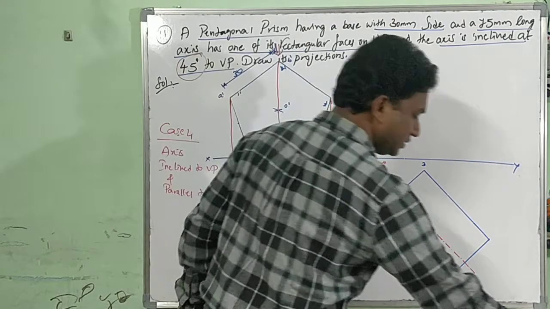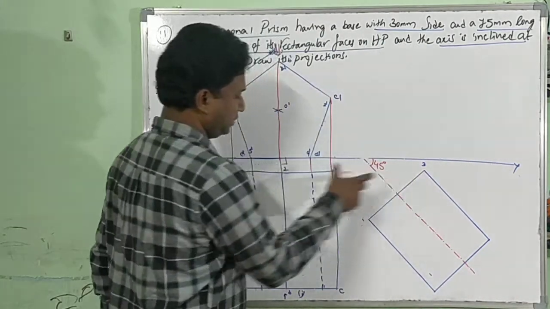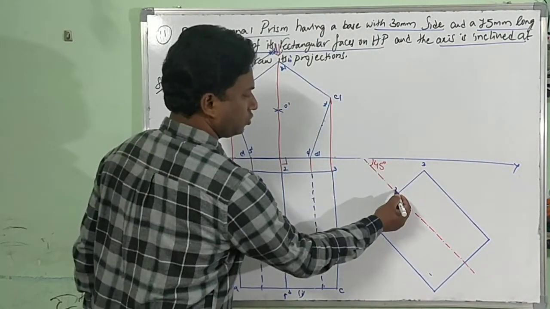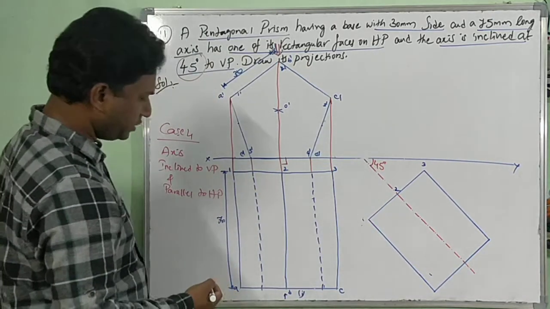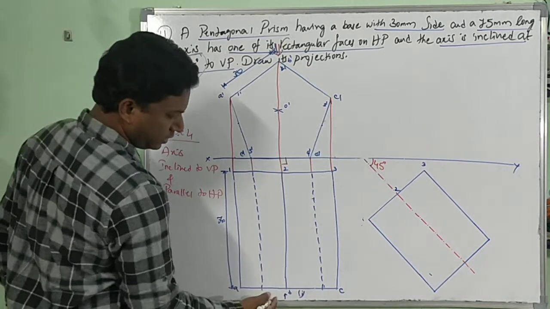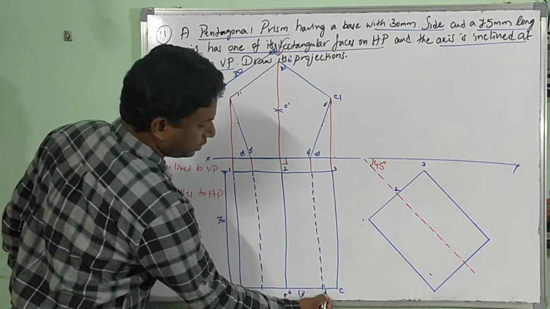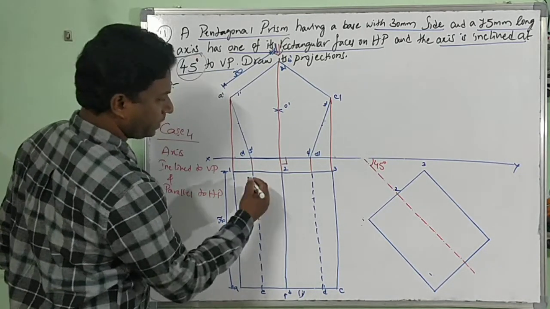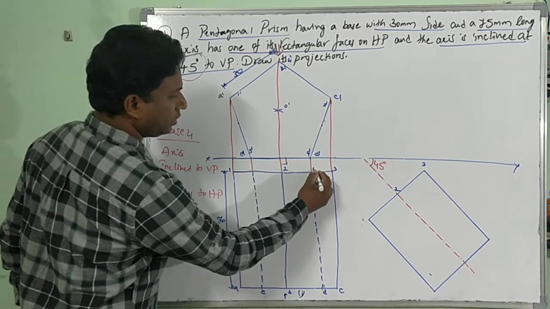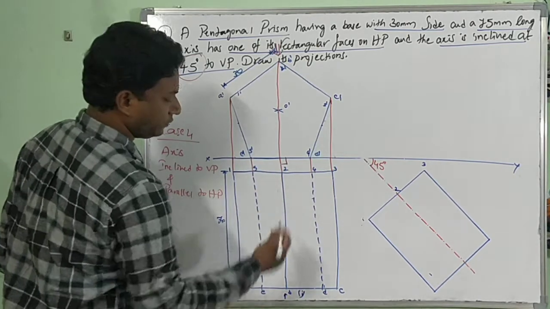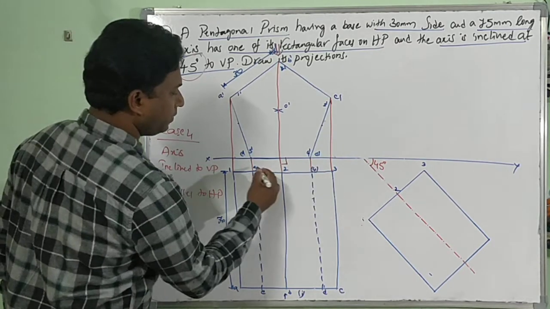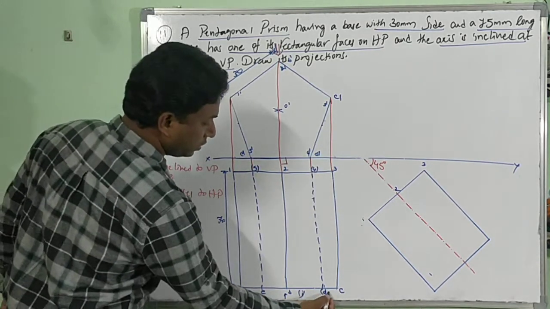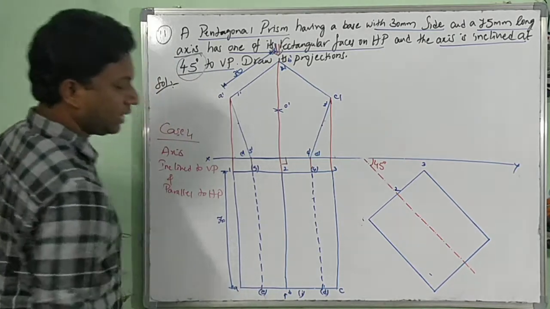This is 45 degrees. This distance is 2, 3, 1, 2. This distance is 1, 2. I'm sorry, I have not drawn the points here. A, B, C, D, E. 1, 2, 3, 4, 5. They are hidden, right? You can put them in brackets to show that they are inside.